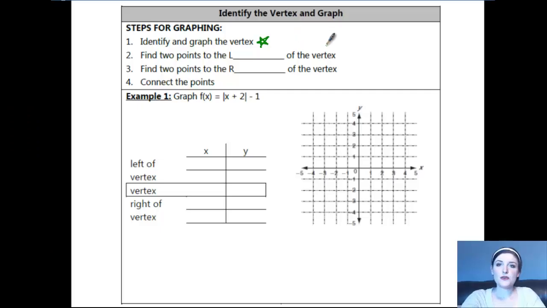All right, once we find our vertex, we're going to find 2 points to the left of the vertex and 2 points to the right of the vertex. Then we have to connect all of our points.